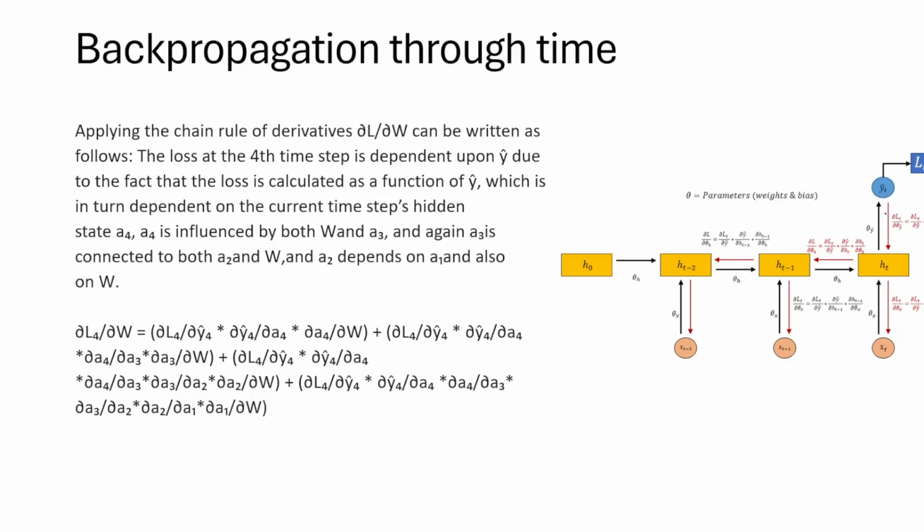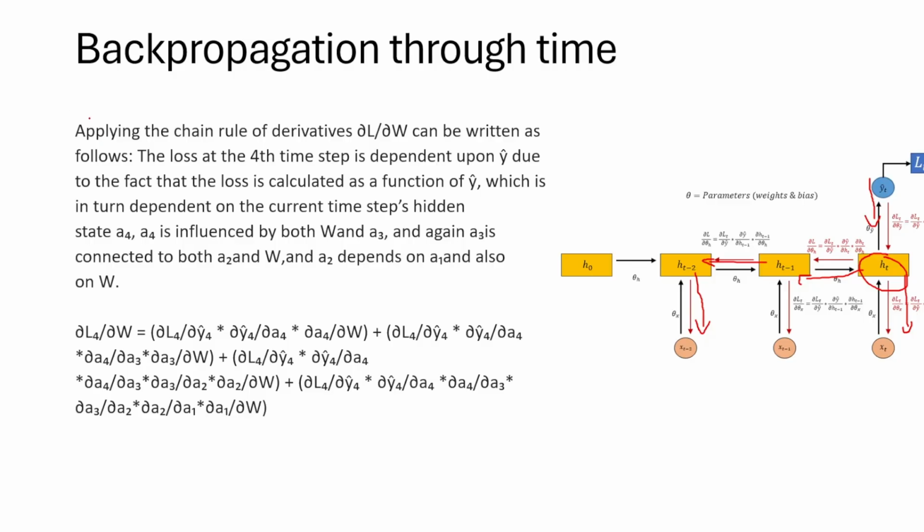So we are going from the loss function in this direction and going here, and because this depends on the previous hidden layer, we go also here, and because this one depends on the previous one, we go here until we reach all the weights and biases, the initial ones.